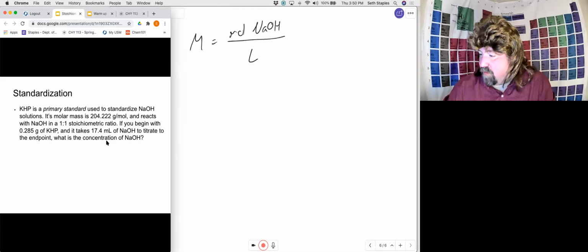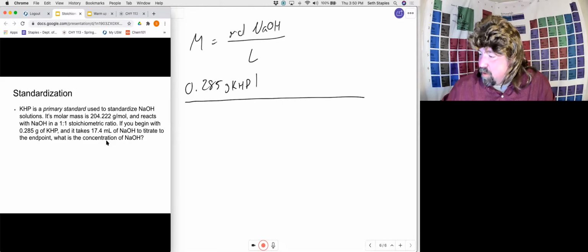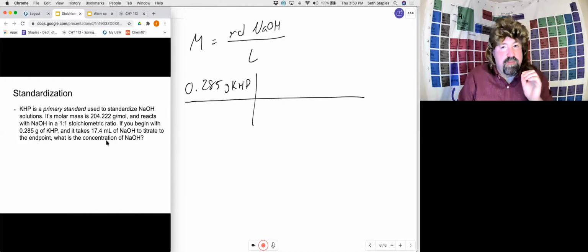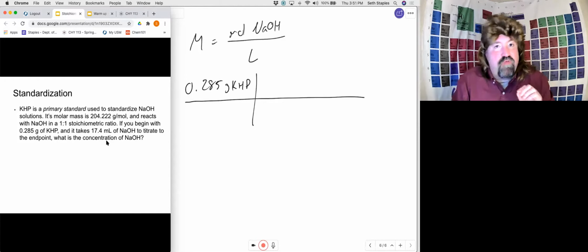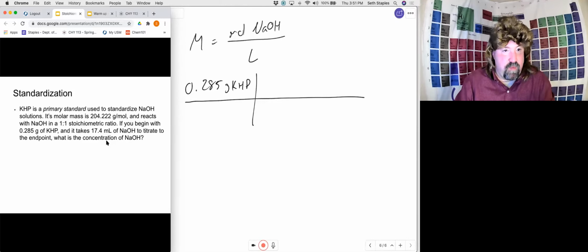We're going to find the moles of NaOH based on how much KHP we had to begin with, 0.285 grams of KHP. Because remember, like I just said, the end point of our reaction is when I've added enough of the sodium hydroxide to equal the moles of KHP that I had to begin with.